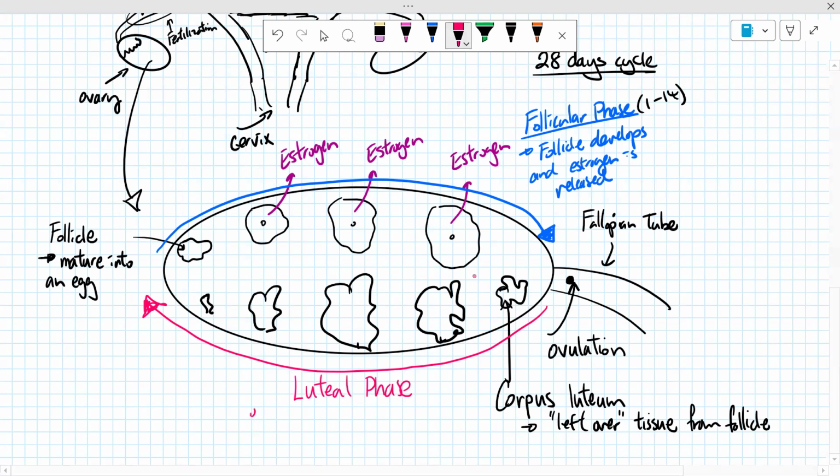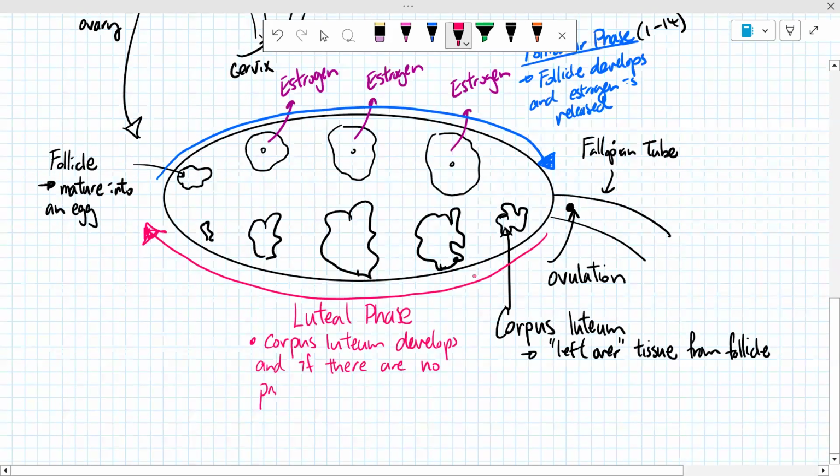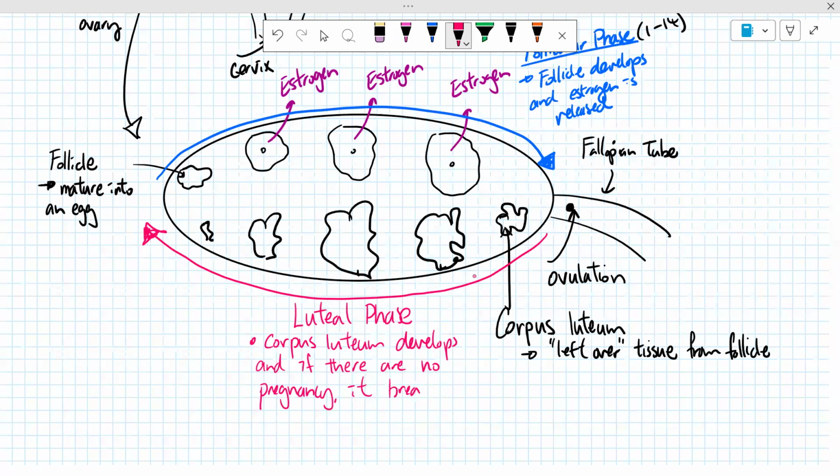Which is the corpus luteum develops, and if there is no pregnancy, it breaks down.